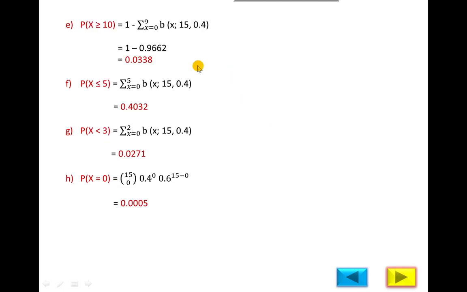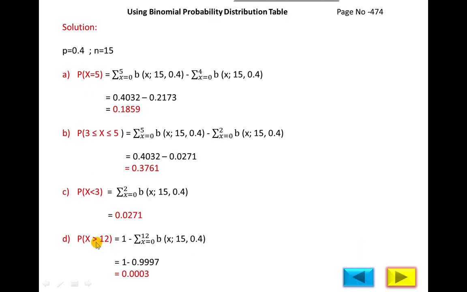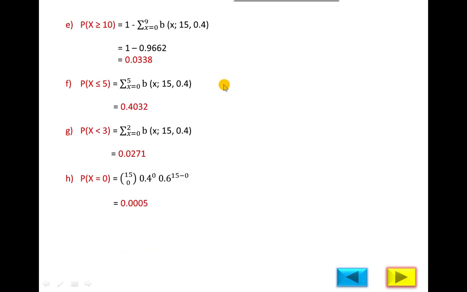Next part, greater than or equal to 10. For more than, we will subtract from 1. We subtract the value of 0 to 9 because the required condition is from 10 and above. If you subtract the value of 0 to 9 from the total probability, you will obtain 10, 11, 12, 13, 14, 15.